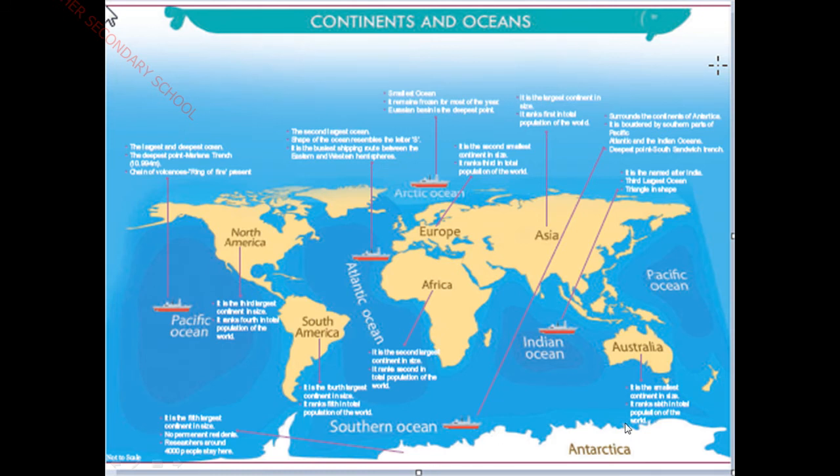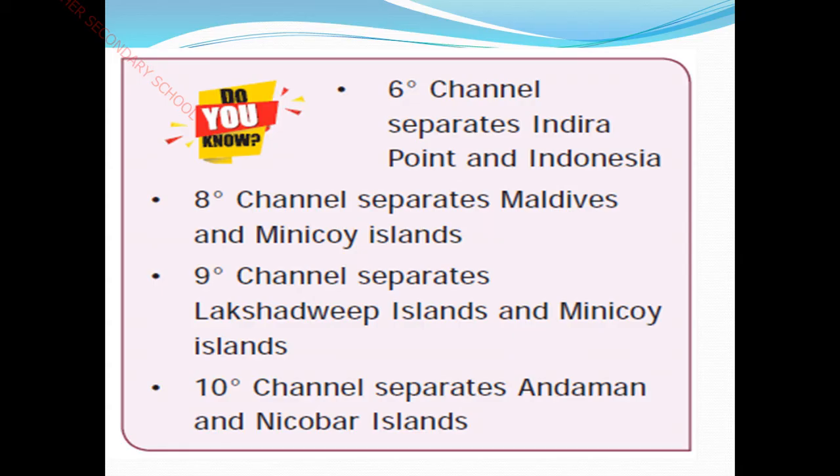Okay, children, yes, let me move to see about oceans elaborately. Before that, we have known about the 6-degree, 8-degree, 9-degree and 10-degree channels. What is the meaning of a 6-degree channel, children? It is where two land areas are divided by a water body.